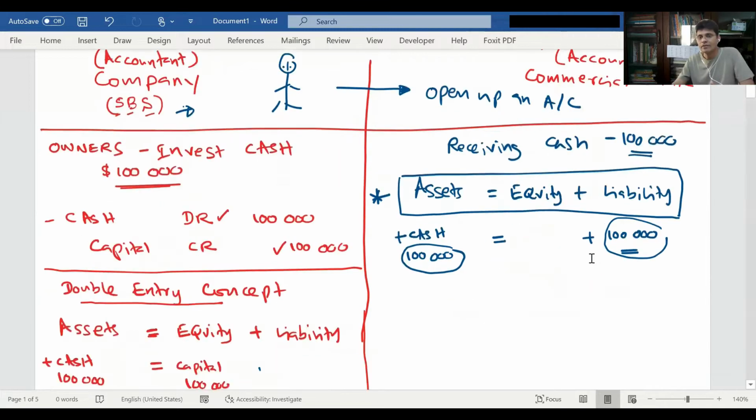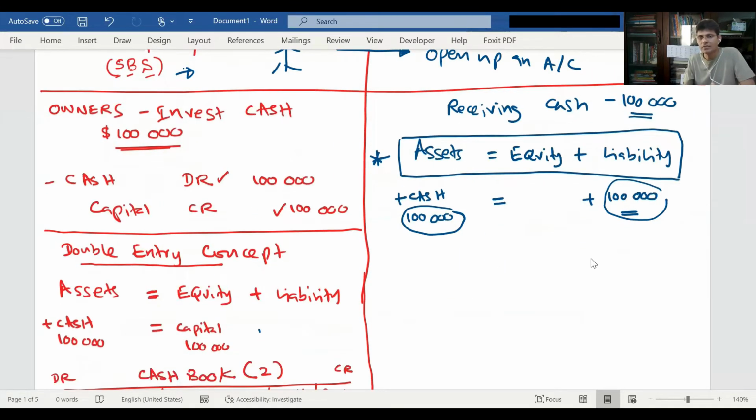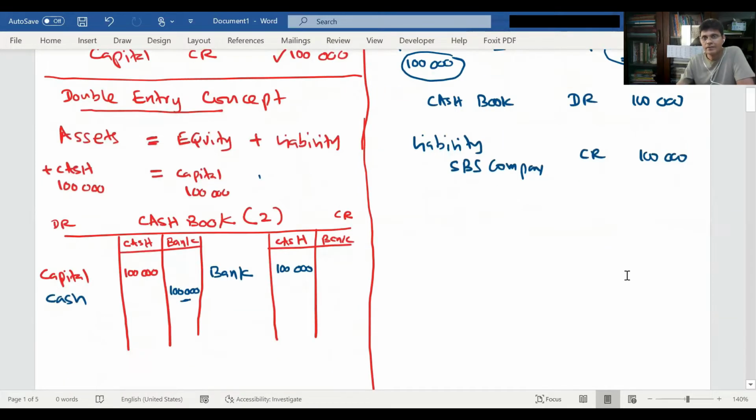Okay, so what is the double entry? He has to pass a double entry. The cash book will be debited by 100,000 and he will credit the liability of SBS company. So the commercial bank accountant will debit the commercial bank account, the cash book, right?